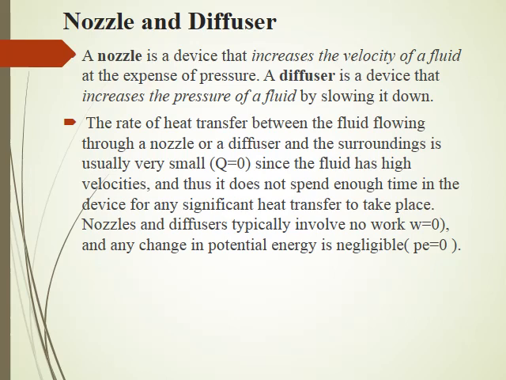But nozzles and diffusers involve high velocities, and as the fluid passes through a nozzle or diffuser, it experiences large changes in its velocity. So the kinetic energy changes must be accounted for while we are analyzing the flow through these devices.